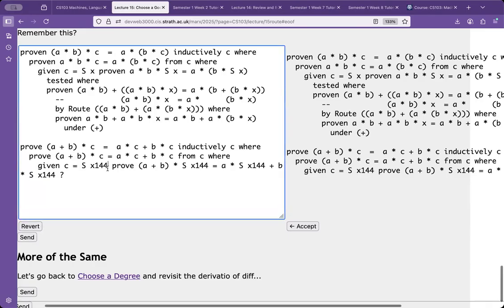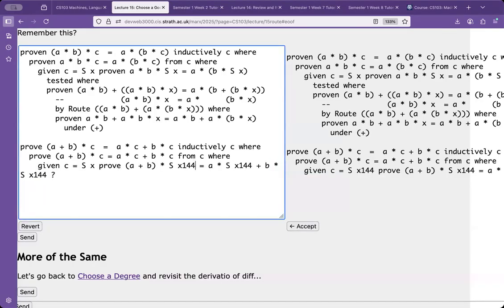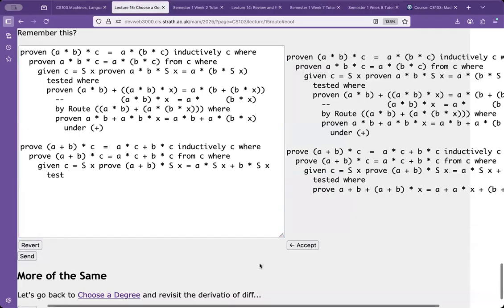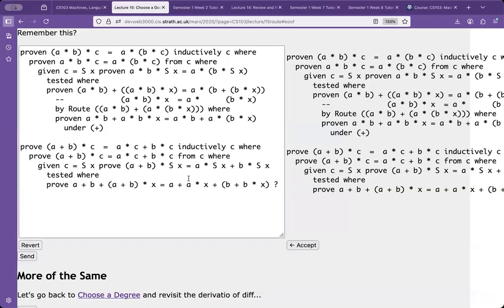Terrible names. Right. Let's write out the induction hypothesis.